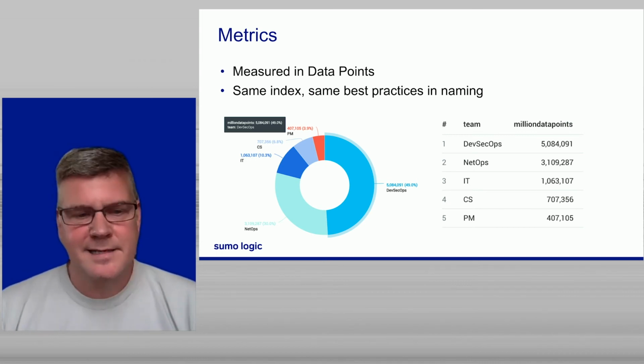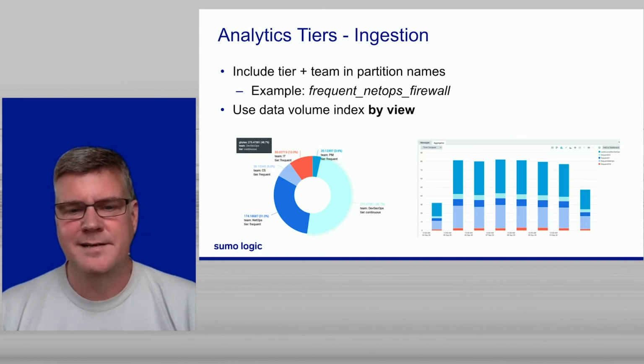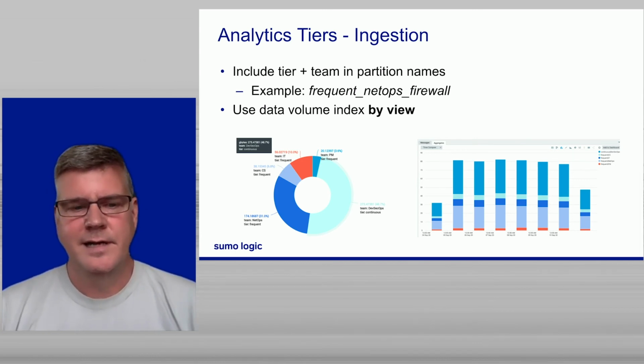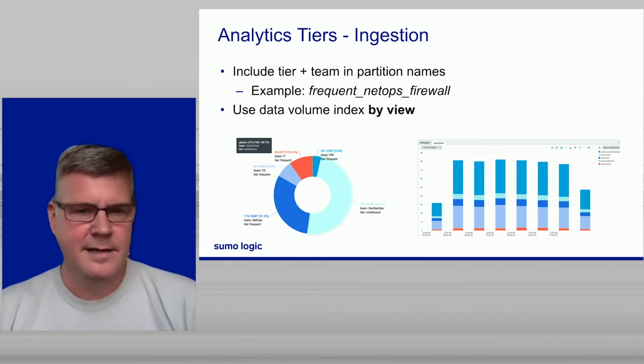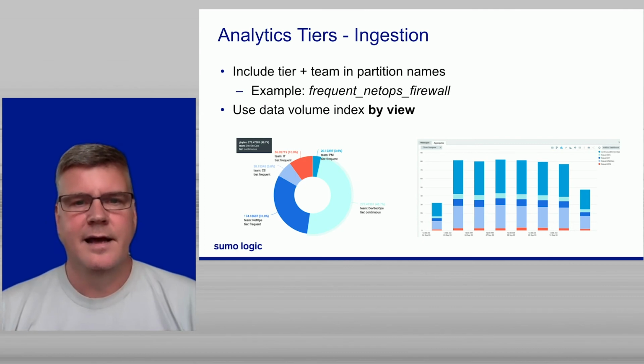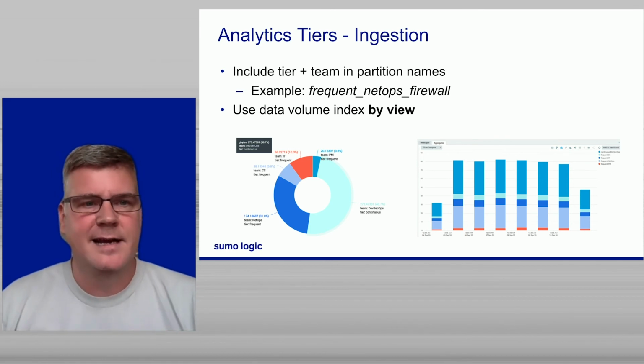Let's talk about analytics tiers, a new feature, a lot of you are using it. So rather than just having one continuous ingest partition, you may have set up your partitions in a way that has frequent and infrequent tiers. Since you are using partitions to set up your data tiering, and since the data volume index is measuring by view as well as source category and some of those other things, the best practice again is a naming convention.